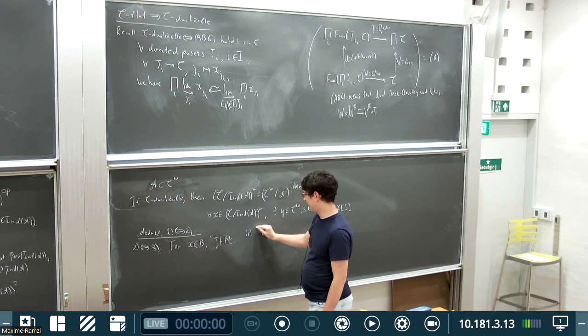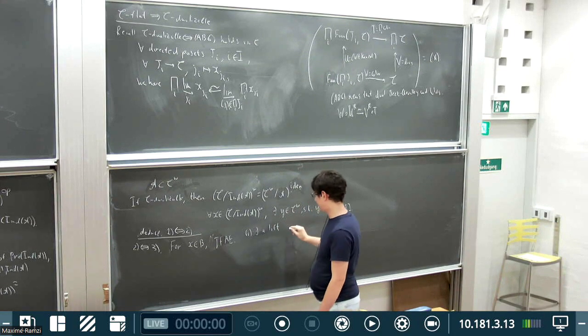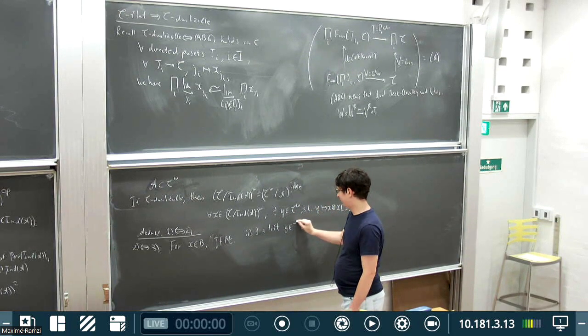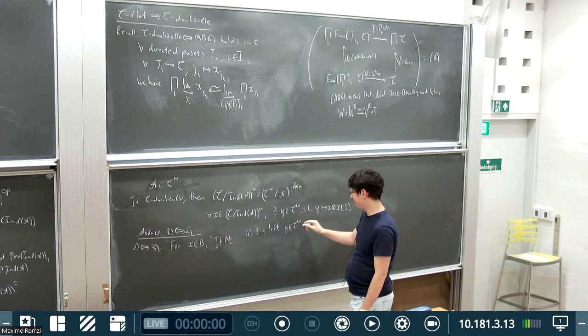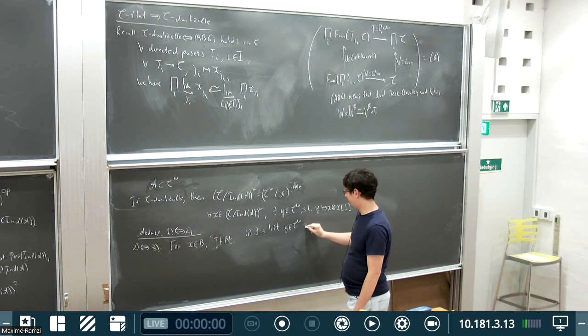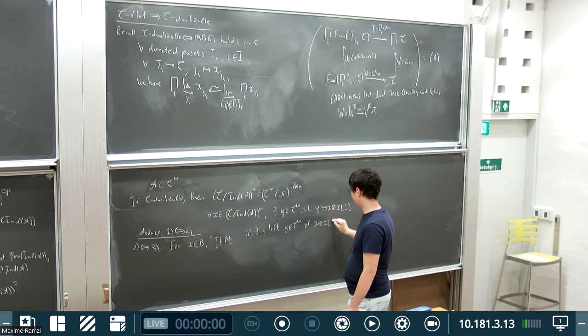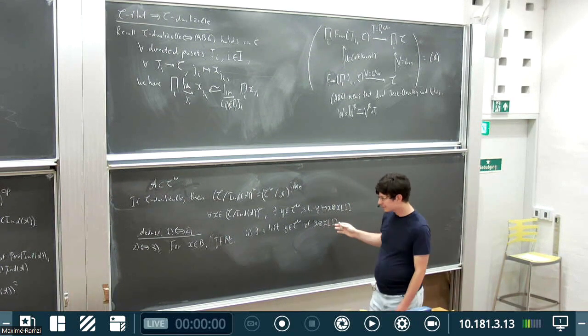So first is that there exists a lift Y, which is a compact object of C, which lifts X plus X shifted by 1.